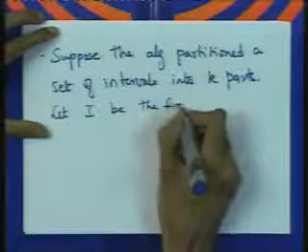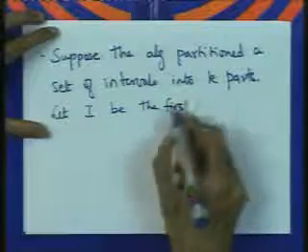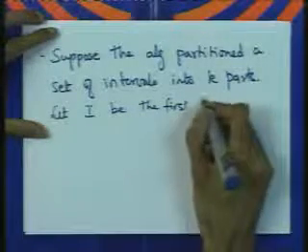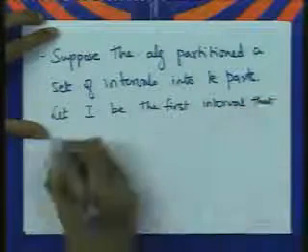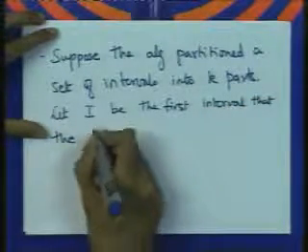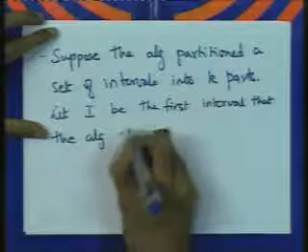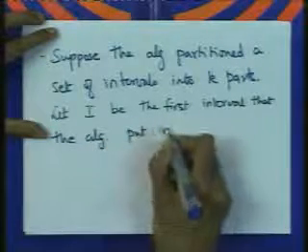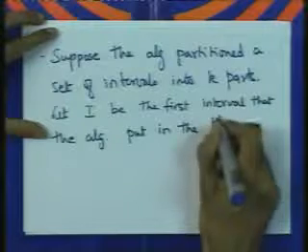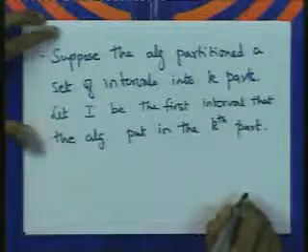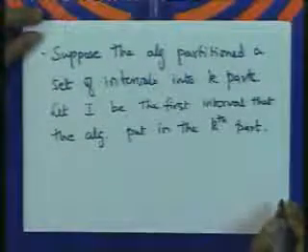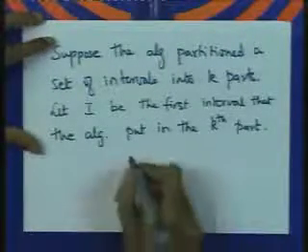It doesn't matter, you can pick any interval from the kth part, but let's look at the first one, the interval that the algorithm put in the kth part. We would like to now argue that any algorithm will use k parts. Why is that? So here is I.